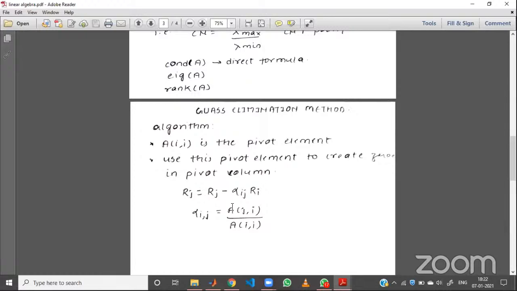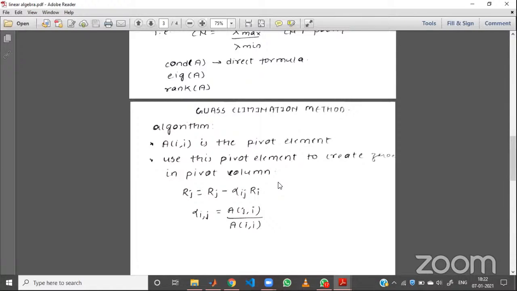In Gauss elimination we use one pivot element and make all the elements below it 0. Suppose I have taken a(1,1) as the pivot element.